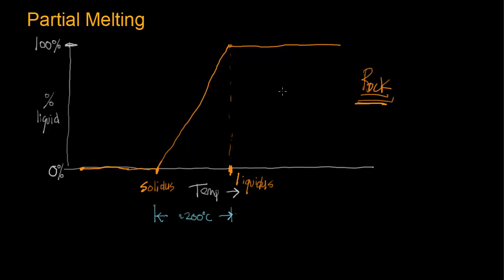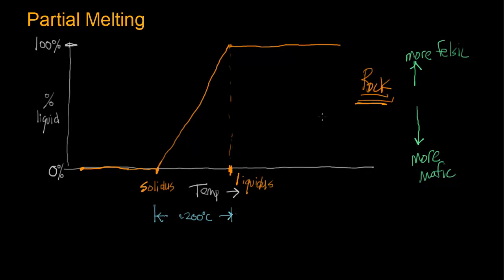Now, I want to do one other thing on this diagram, on the same x-axis. I want to express the composition of the liquid on a separate y-axis. The y-axis is going to extend from higher values meaning more felsic, more silicon and sodium and potassium, to lower values meaning more mafic, more iron and magnesium.